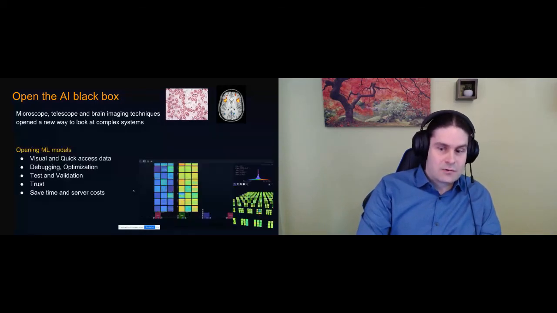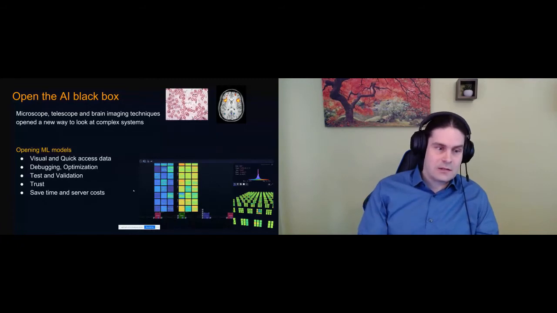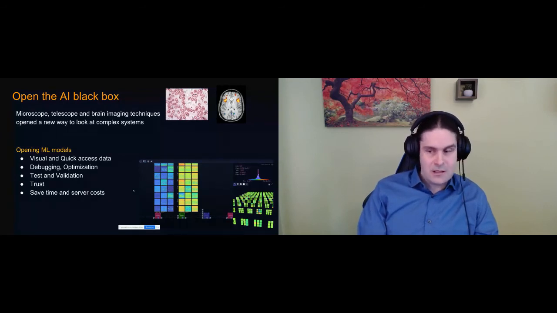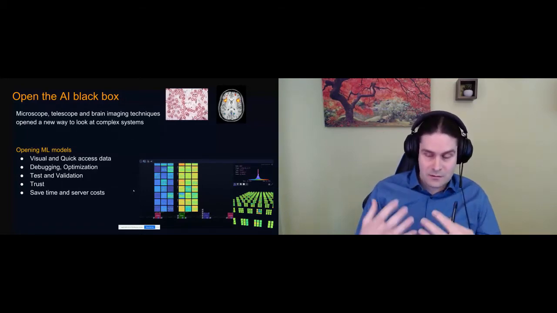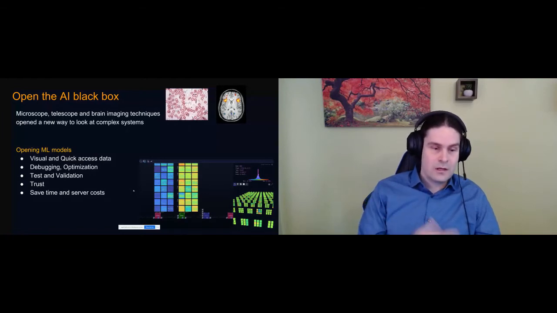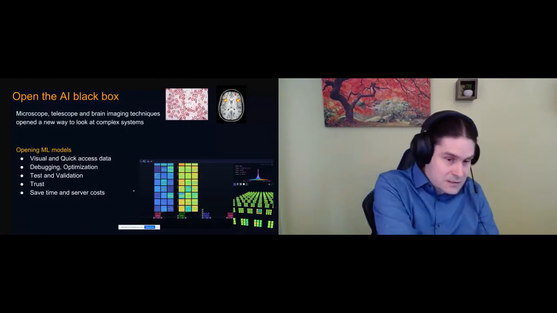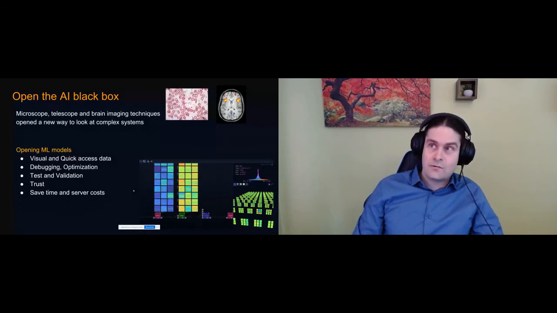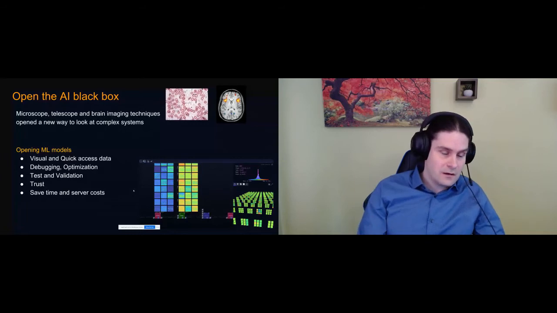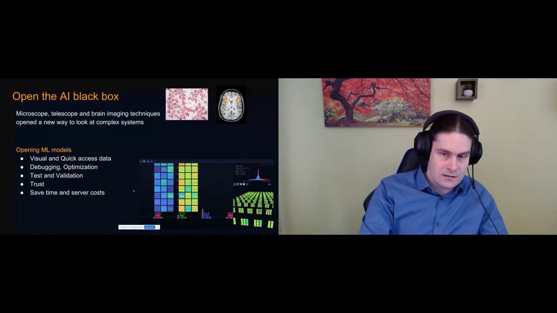For us, it's all about quickly accessing the data, manually or automatically, so that you can debug, optimize, test, and validate. Ultimately, you can trust the model itself, and also save time, because every time you figure out something about what's happening at a certain layer in your model, you can save days and even weeks, and maybe you'll get accuracy improvements that you could not have achieved without having observed something inside the model.